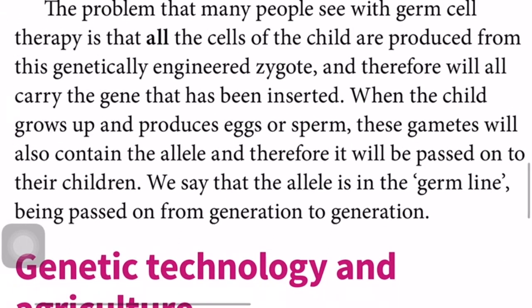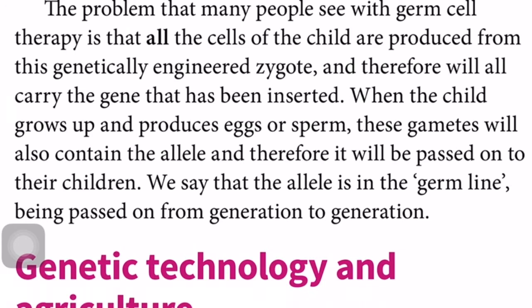The problem that many people see with germ cell therapy is that all the cells of the child are produced from this genetically engineered zygote, and therefore will all carry the gene that has been inserted. When the child grows up and produces egg or sperm, these gametes will also contain the allele, and therefore it will pass on to their children. We say that the allele is in the germ line, being passed on from generation to generation, because the germ cells have the correct alleles, they can be produced over and over.